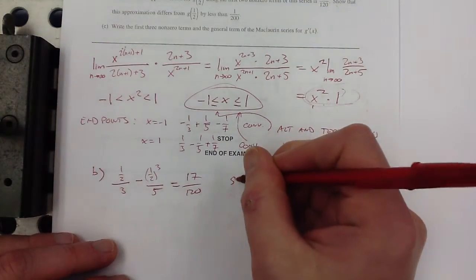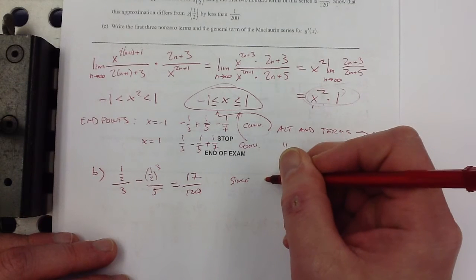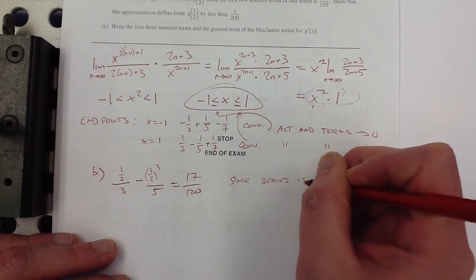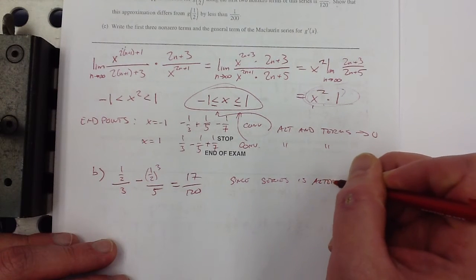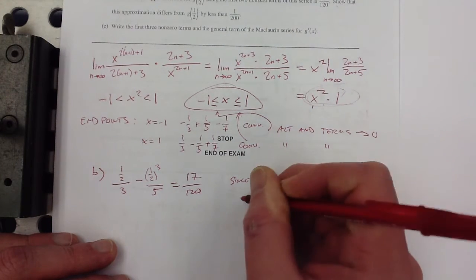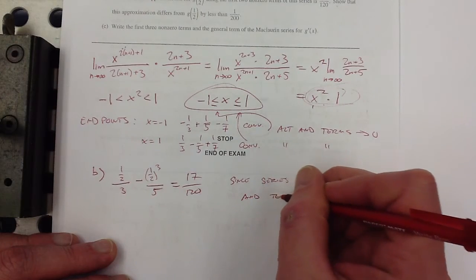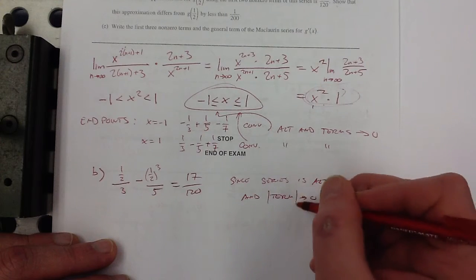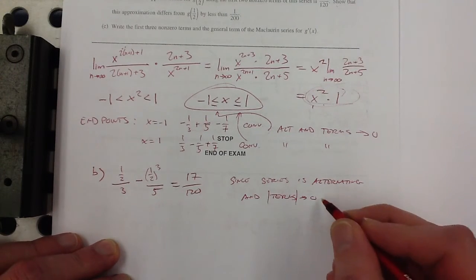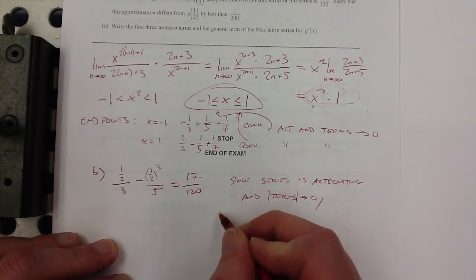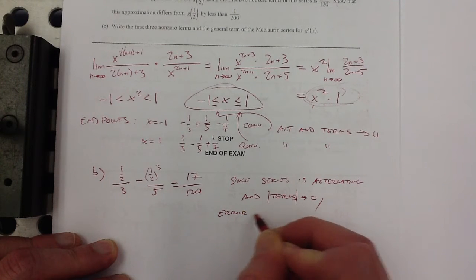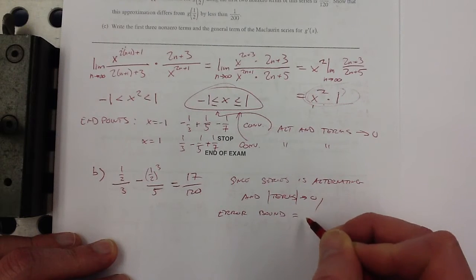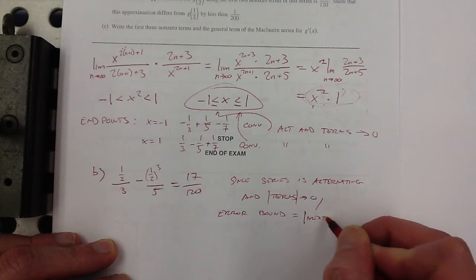Well, since the series is alternating and the terms are going to 0 and the absolute value of the terms is going to 0, the error bound is equal to the absolute value of the next term.